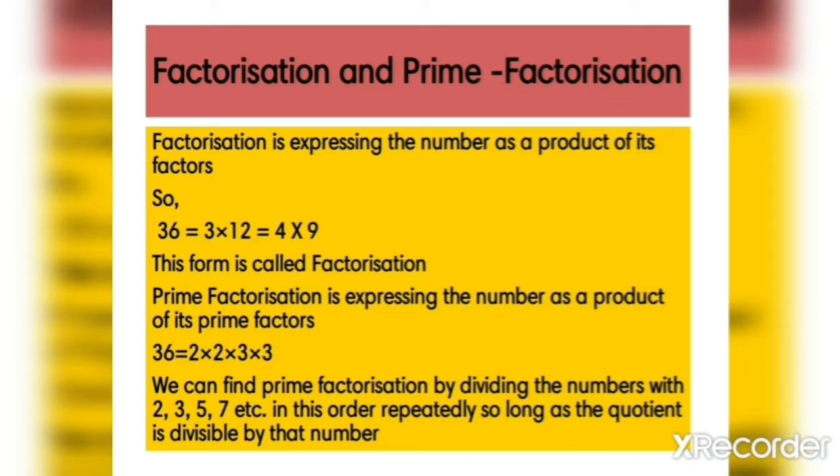In prime factorization of a number, you will get only prime numbers, while when you find the factors of the given number, you will have composite numbers as well as prime numbers.